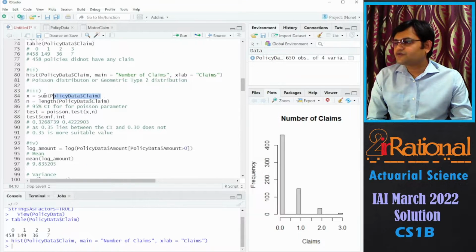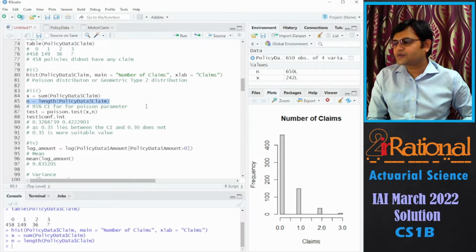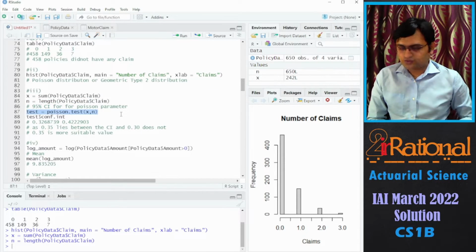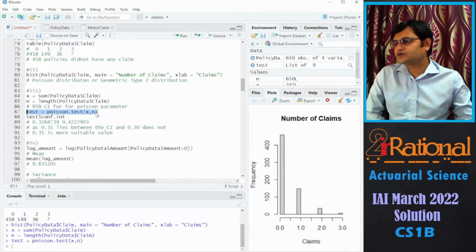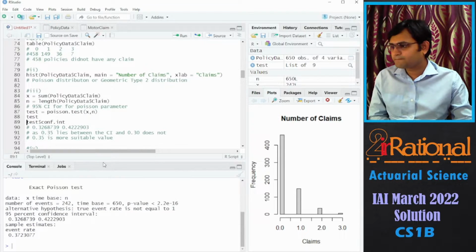So here, first of all, I have taken the total number of claims, that is our X, and the total number of policies, that is going to be N, and I have made a test, that is our Poisson.test. You can see the exact Poisson test, data X and N.